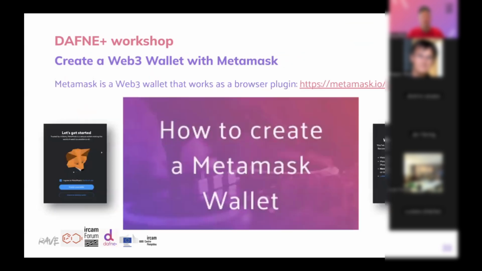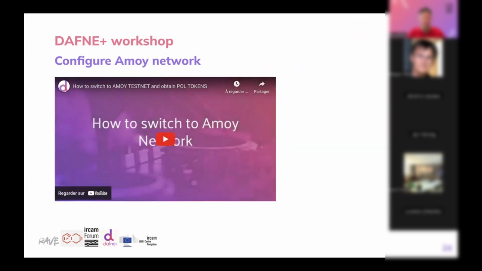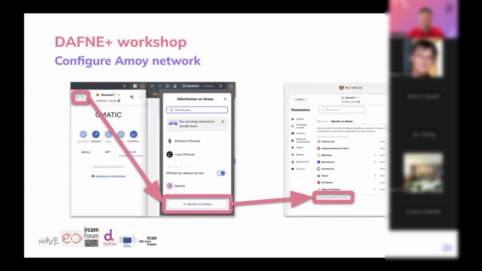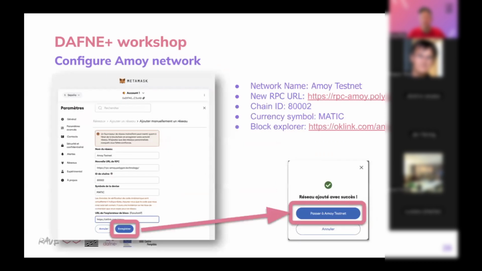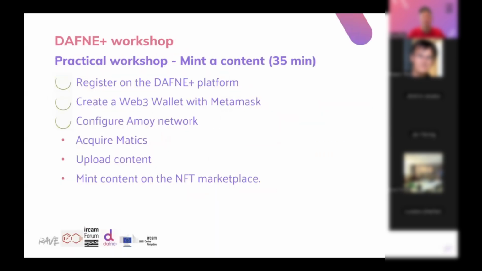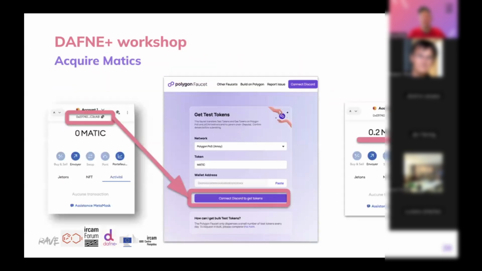All right, so now, oh, sorry, I'm going backwards. We want to go forward. Right, so this is an unwrapping of the procedure that we just saw. So now we've been configuring the Amoy network and we have been acquiring Matics thanks to the Polygon Faucet website.